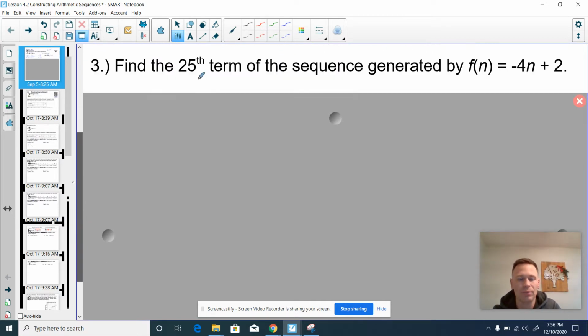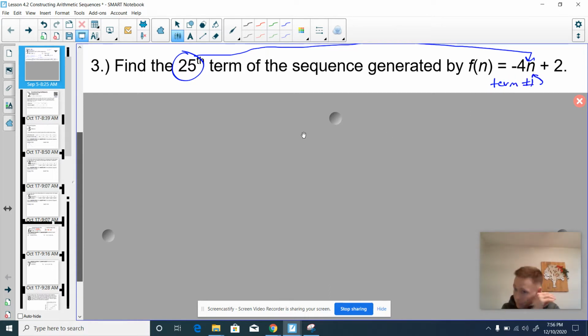Now, for the next one, last class, remember we talked about how we can use our explicit rule or our function to find any term in the sequence, and this is an example of that. So if I want to find the 25th term, remember what we do is substitute that in for n, because n represents the term number, right? Term number is n.